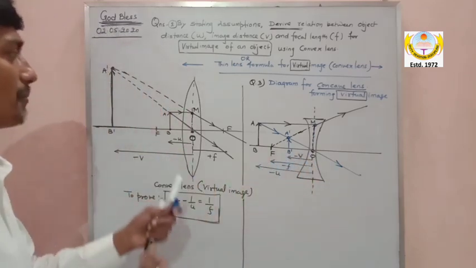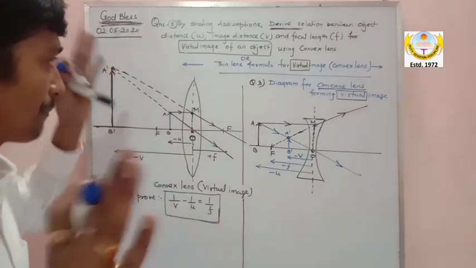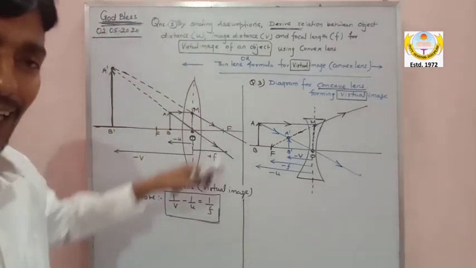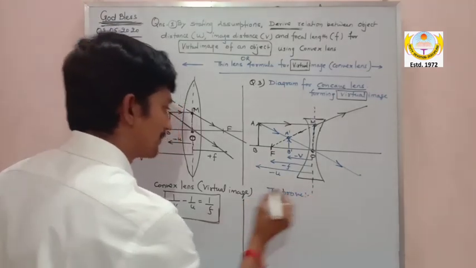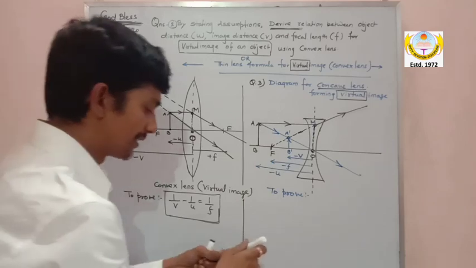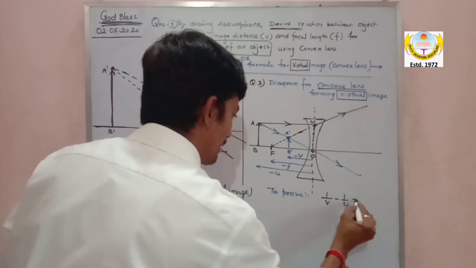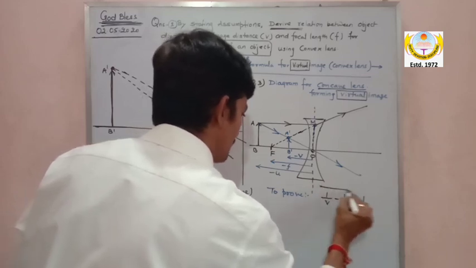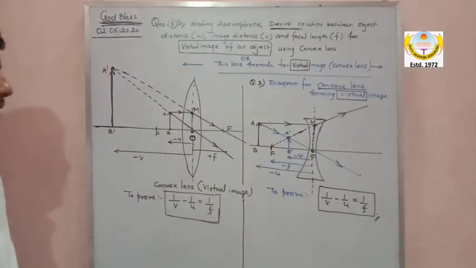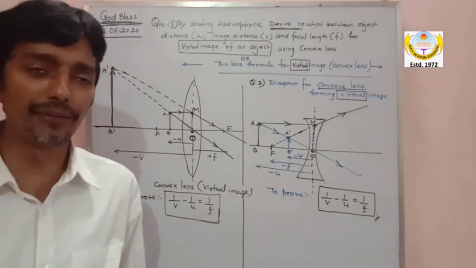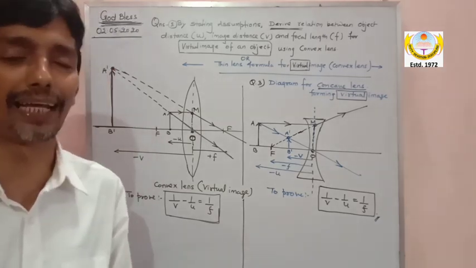The three diagrams I have done: one derivation by real image for convex lens. Now I have left it to you all to derive the thin lens formula. Here also you have to prove the same formula, that is 1 upon V minus 1 upon U is equal to 1 upon F. So these are the two homework I am giving to you all, so that you will have practice of deriving the thin lens formula, which is important from the exam point of view.